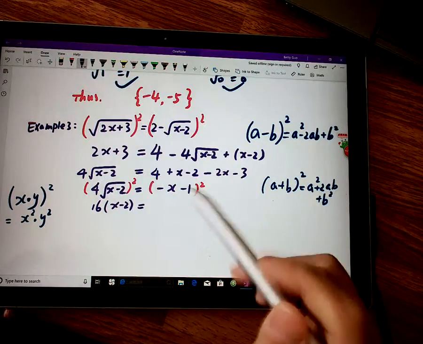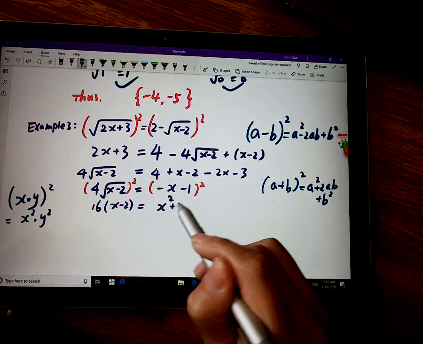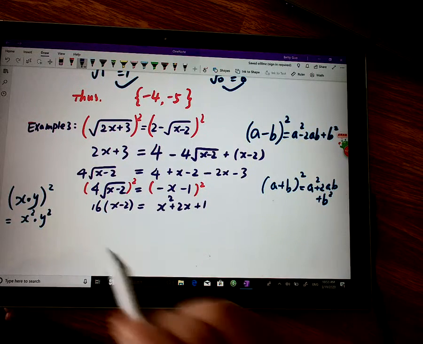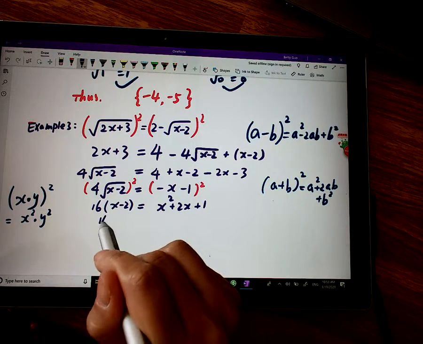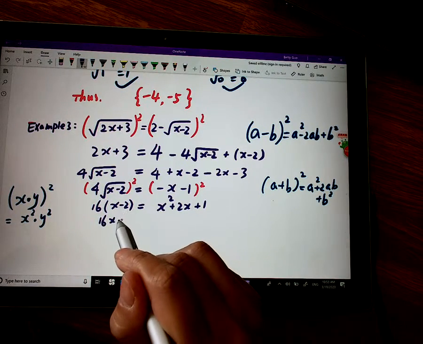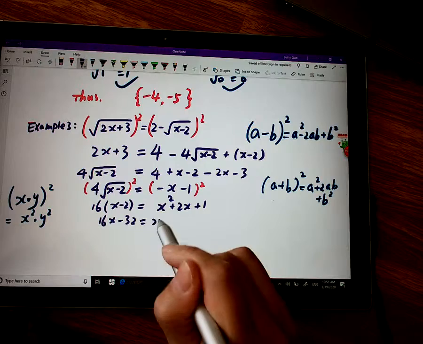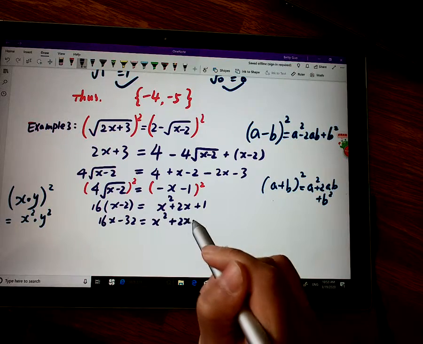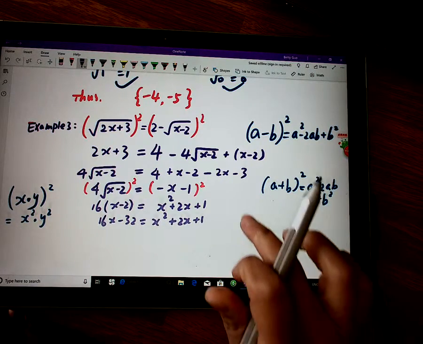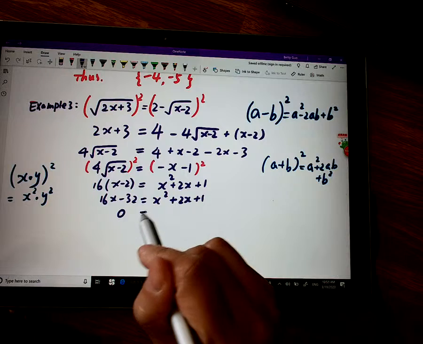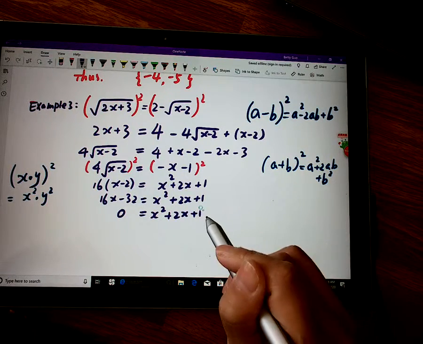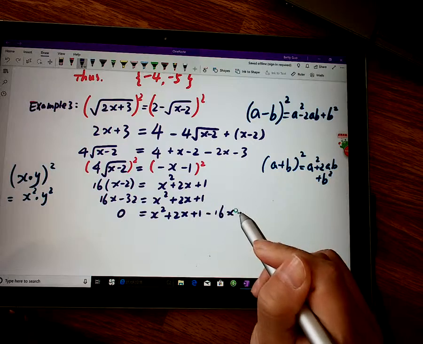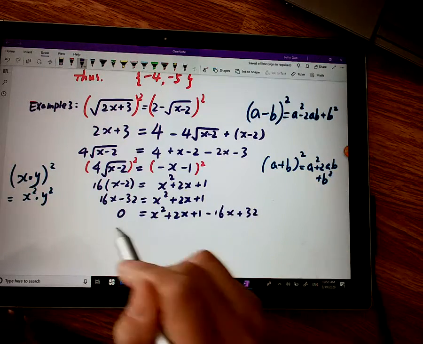And then we would have x squared plus 2x plus 1 on the right-hand side. Distribute on the left, 16 times x, 16x. 16 times negative 2, negative 32. x squared plus 2x plus 1. Okay? Everything goes to the right. x squared plus 2x plus 1 minus 16x plus 32.